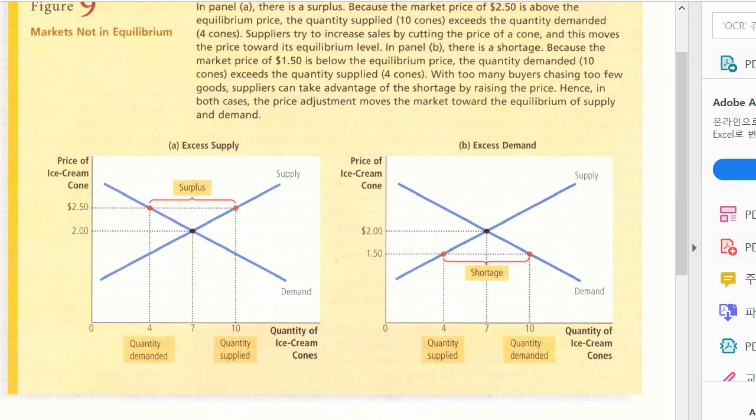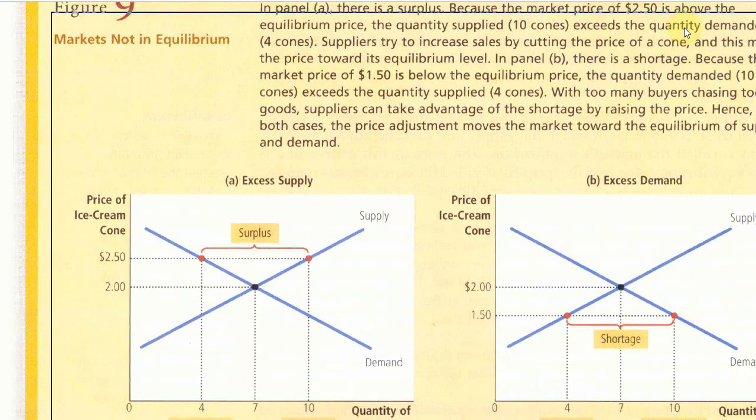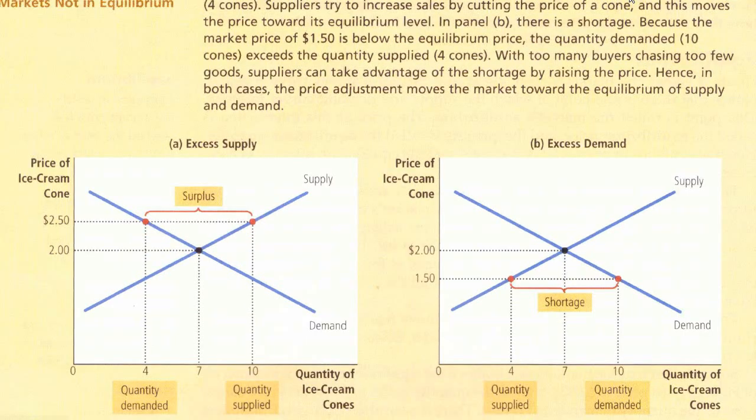Here we can easily see that. We have two graphs on the basis of the equilibrium price, and this is a good example and illustration. We can detect how the market works: once with excess demand and once with excess supply.